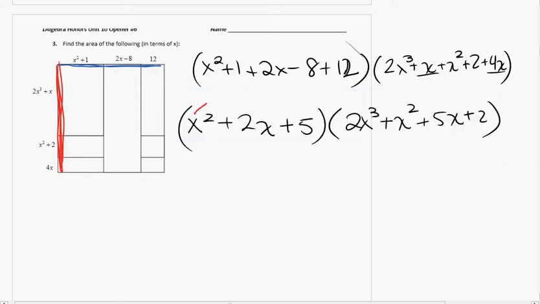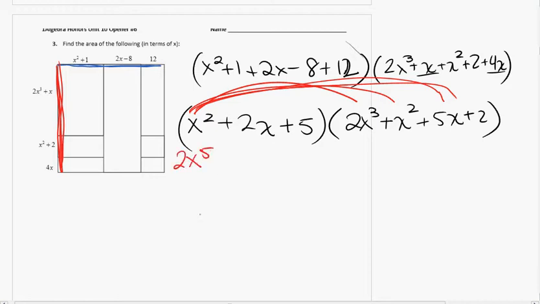So I'm going to distribute x squared first to these 4 terms. So I get 2x to the 5th plus x to the 4th plus 5x cubed plus 2x squared. So that is my first distribution.